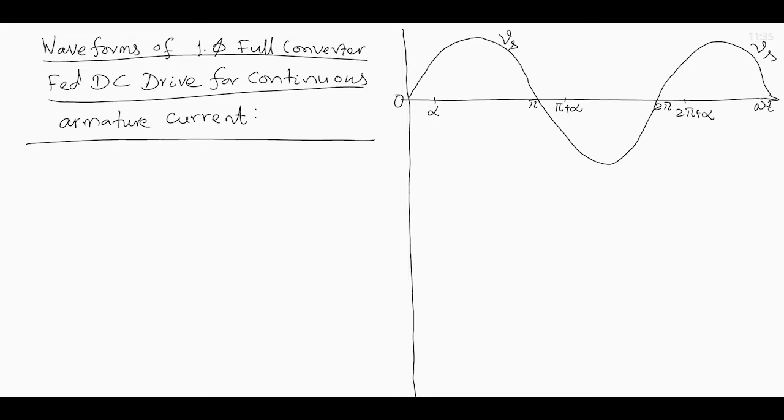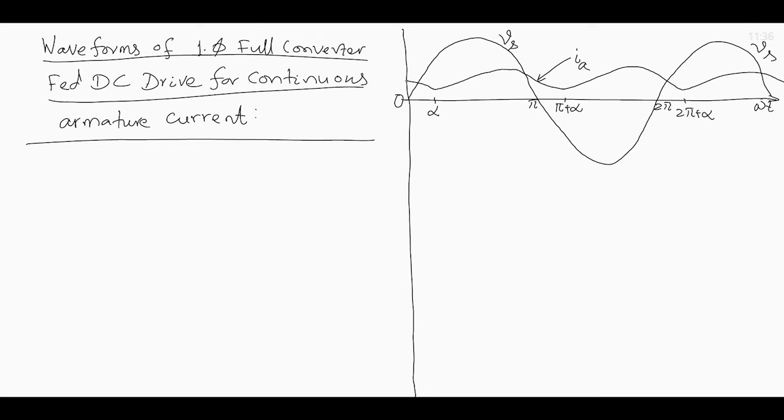When thyristors T1 and T2 are turned on at omega t equal to alpha, current starts from minimum value and increases and again decreases to minimum value at pi plus alpha. Again from pi plus alpha to 2 pi plus alpha, current is also of same type, it repeats. This is the motor current waveform IA, which is continuous.